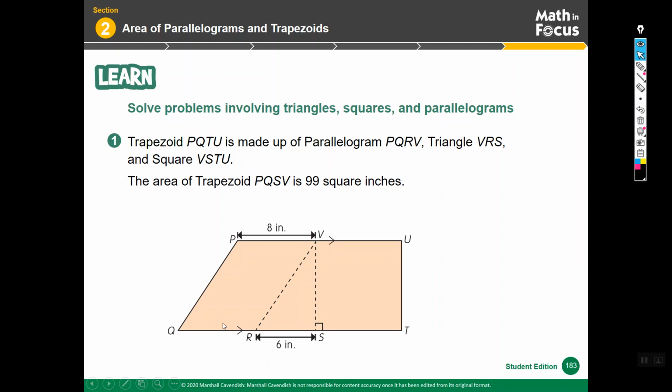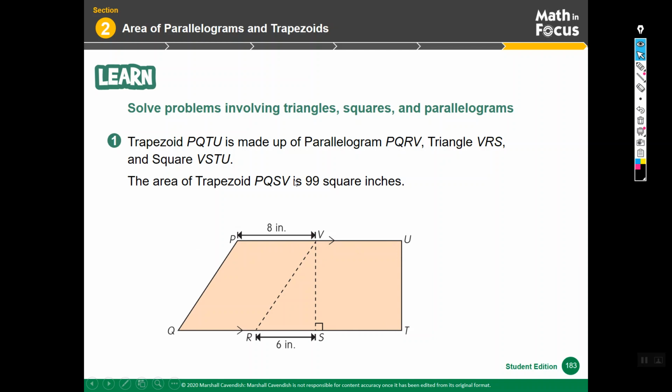And what we know about parallelograms is that opposite sides are the same length. So that's going to help us. And we have a triangle here, right? And then we have a square down here at the end.